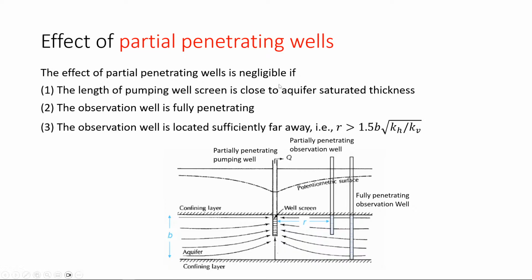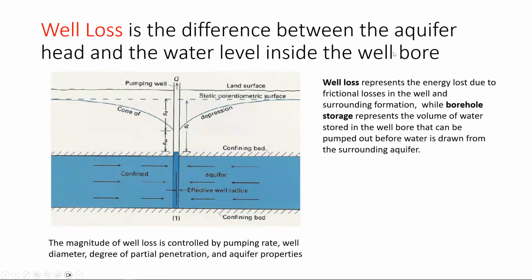So that's one thing you need to consider: the effect of a partially penetrating well. Software like AquiferTest Solve can take this issue into consideration when estimating your aquifer properties.